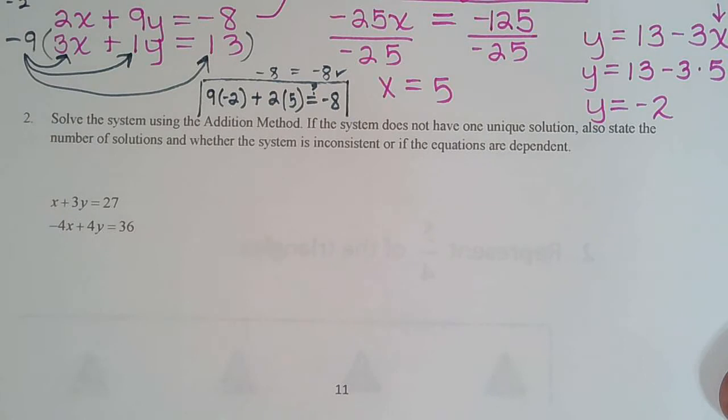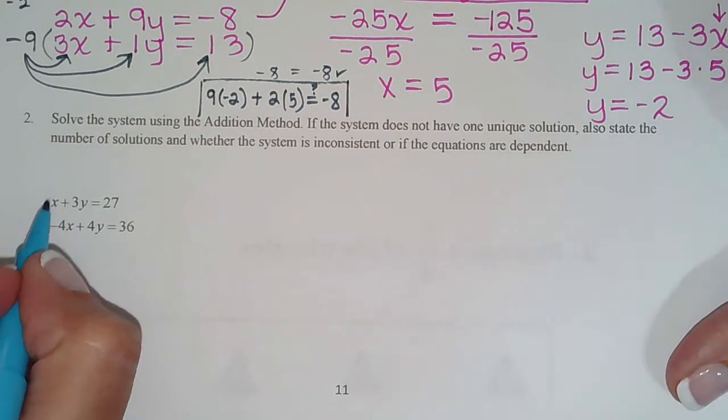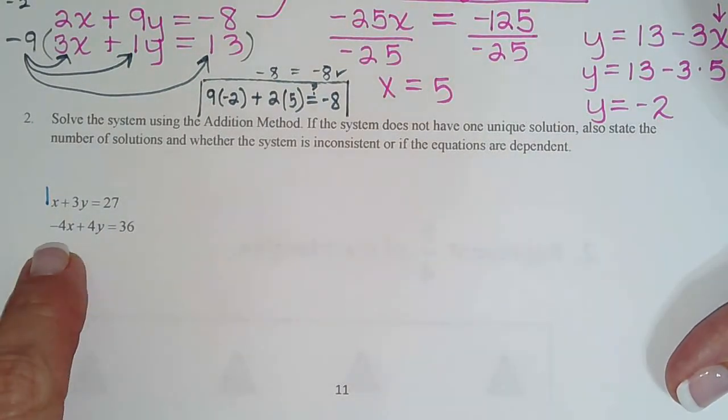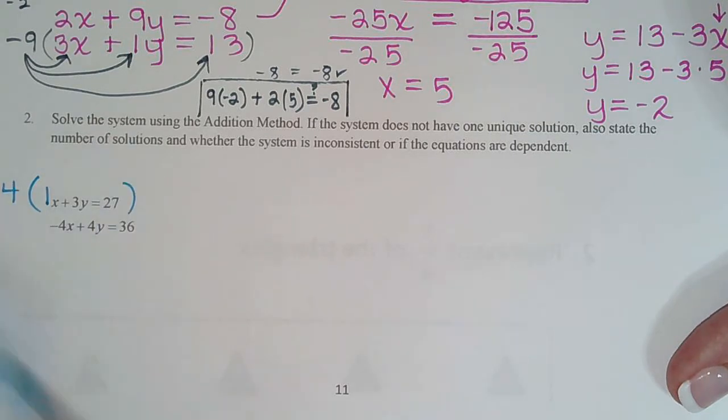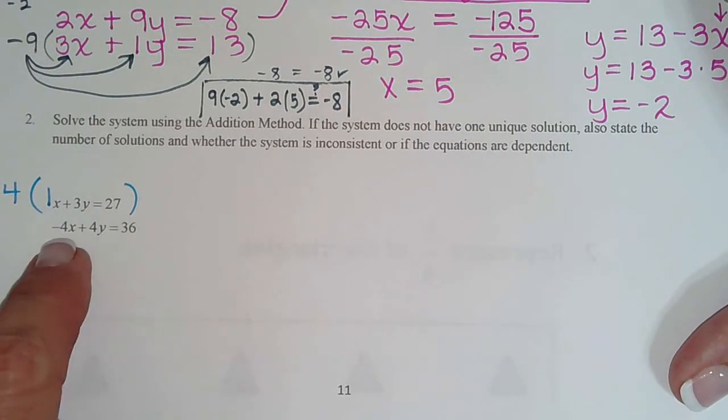So we're on step 3, which is multiply to make opposites. I look at the x's and I go, well, this is a 1x. This is -4. Oh, this one's too easy. All I have to do is multiply by 4, and I have my opposites.